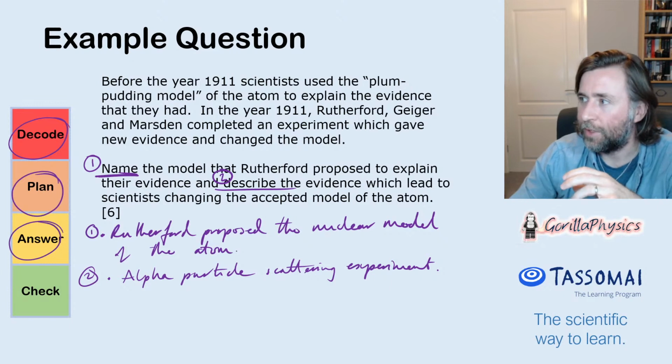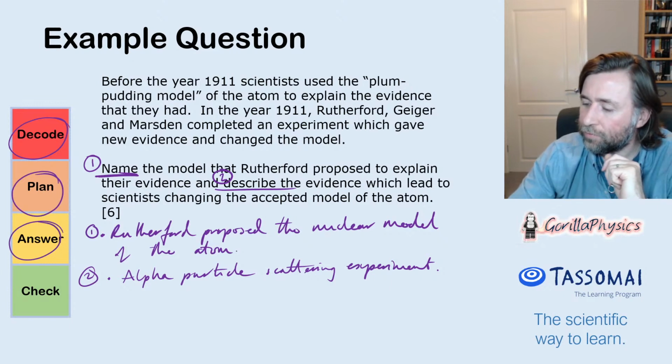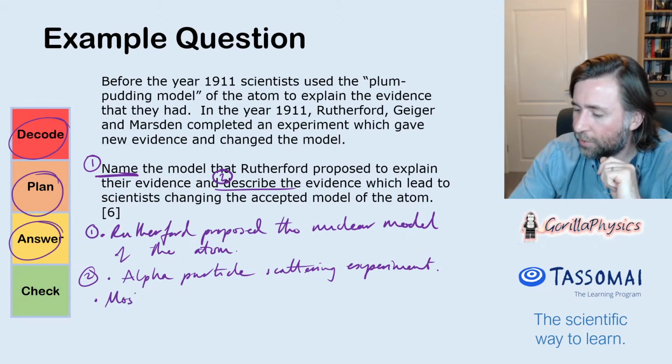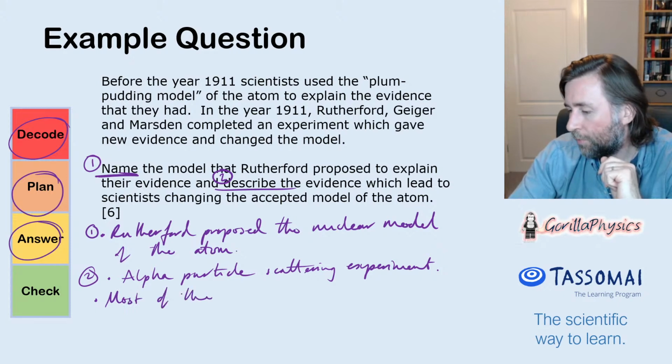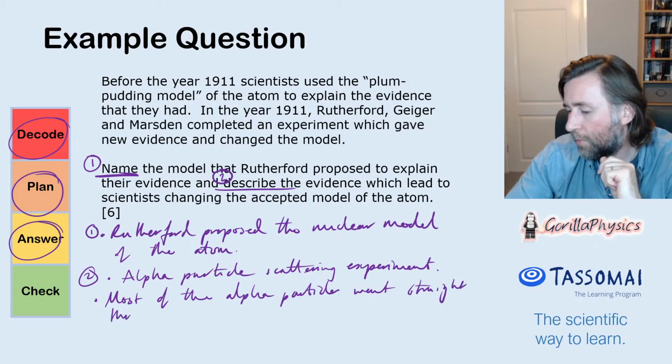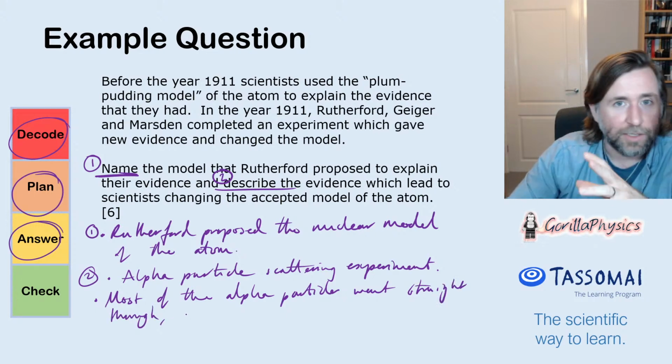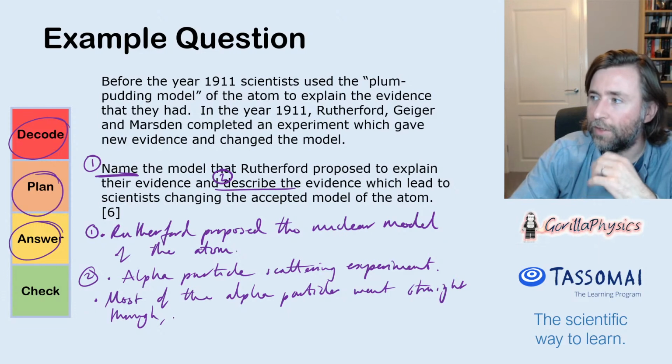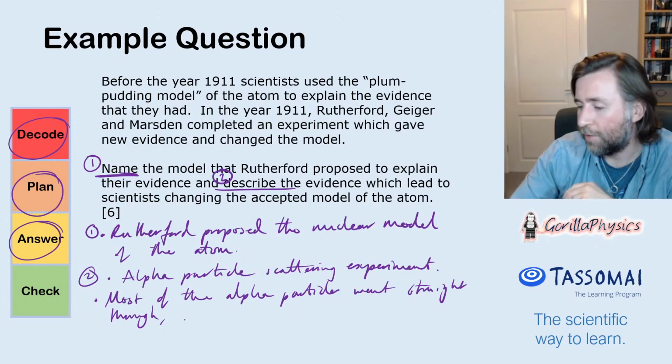What actually happened then? So alpha particle scattering, most of the alpha particles went straight through. This leads to us knowing that the atom is mostly empty space.